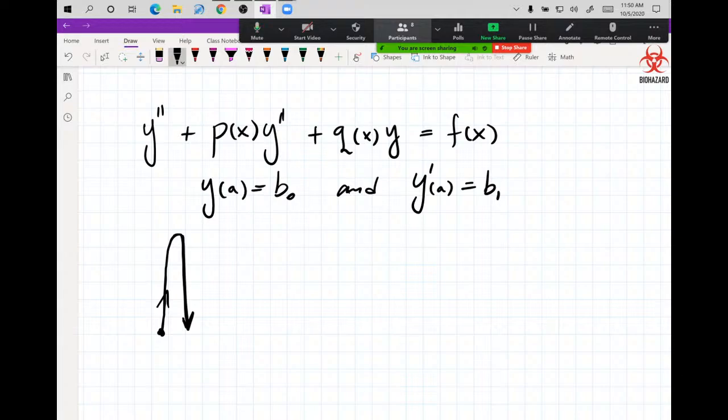So if you want to throw the stone, you throw it up, and that throw contains initial velocity. Well, didn't we just say that dx/dt, the first derivative, is a velocity? So the initial velocity would be this b1 in this particular case.